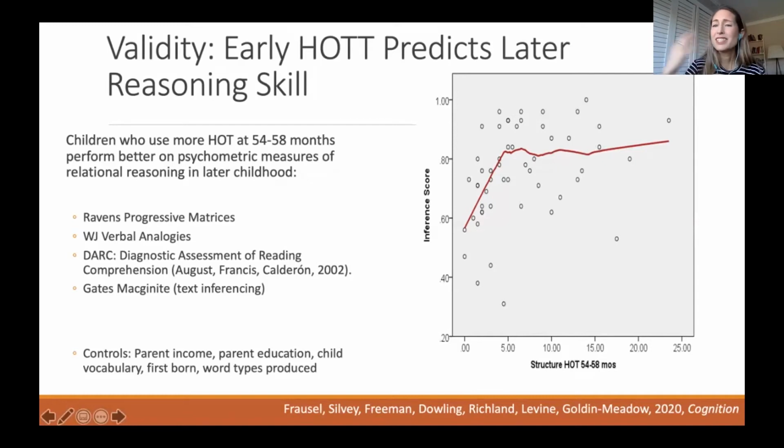So basically what this suggests is that children are using everyday higher order thinking talk. This is a feature of children's development, and it seems to really matter for building these skills. They may start pretty simple, you know, why, because, but these really seem to be the foundation for what they're building.